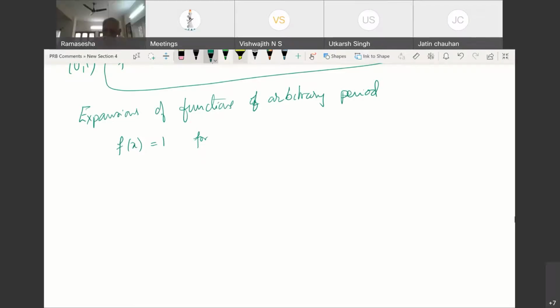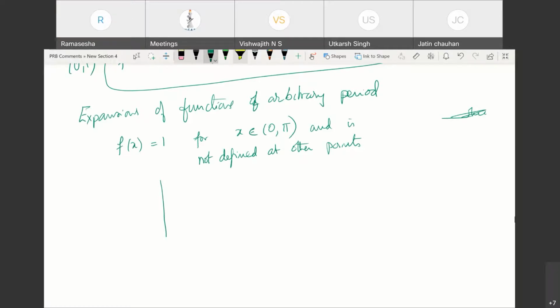So I've just given this function over a narrow interval, x in 0 to pi.